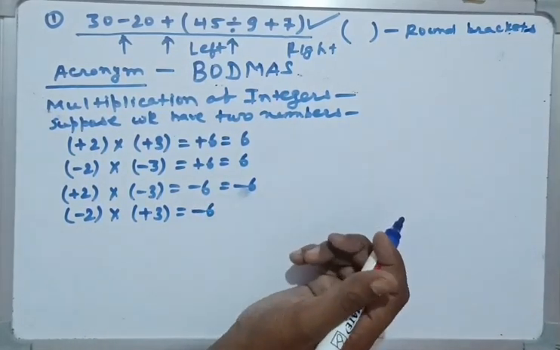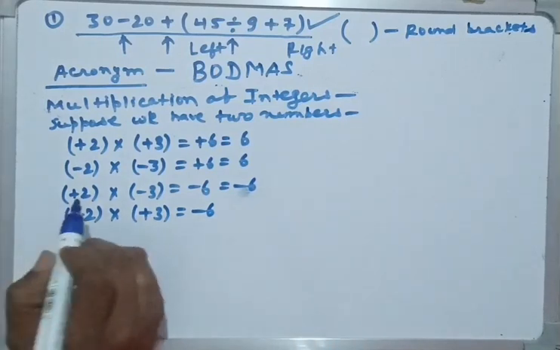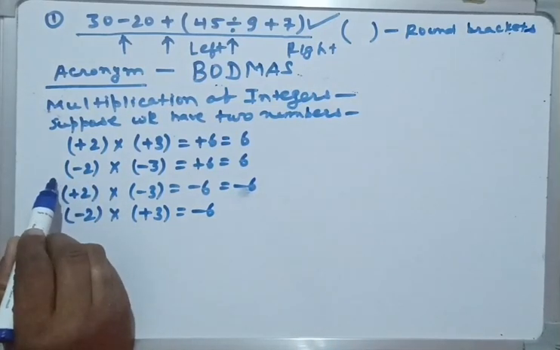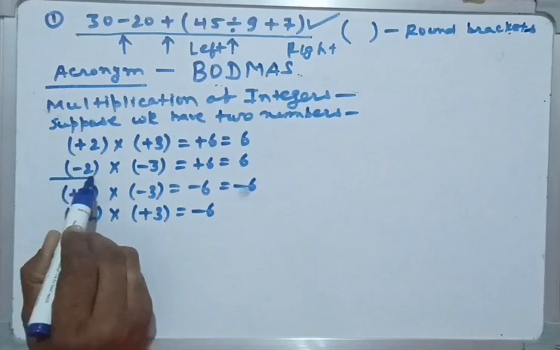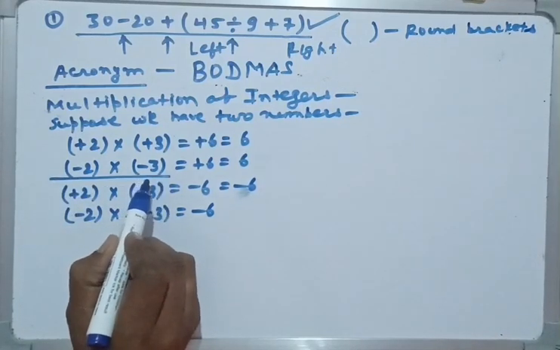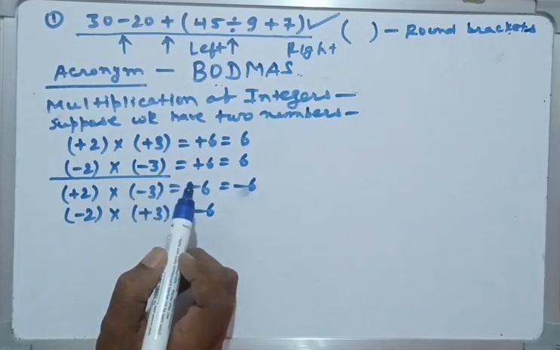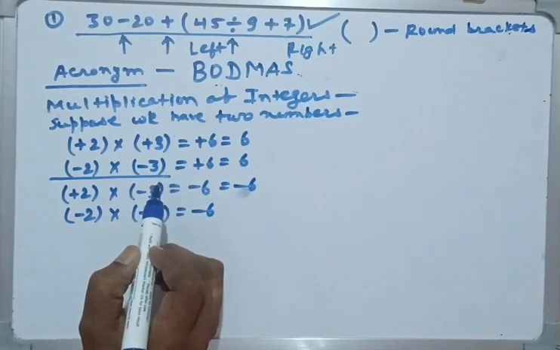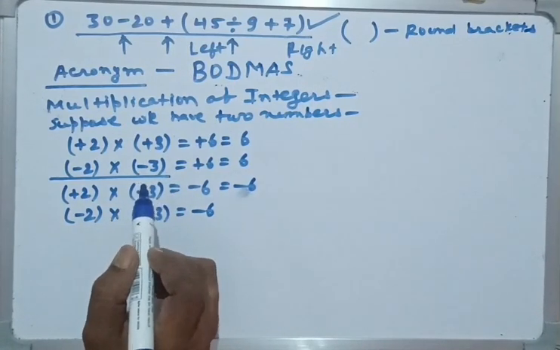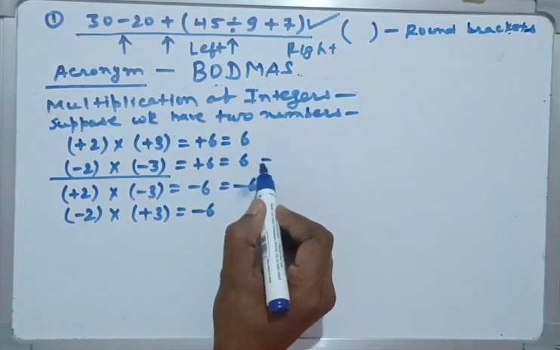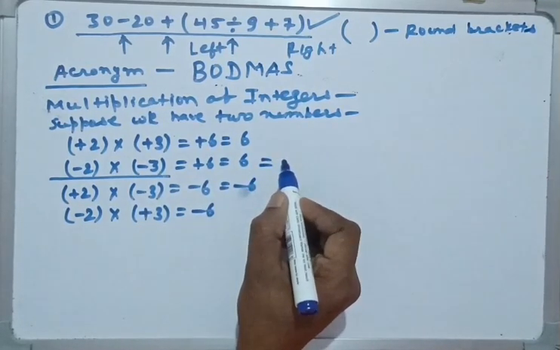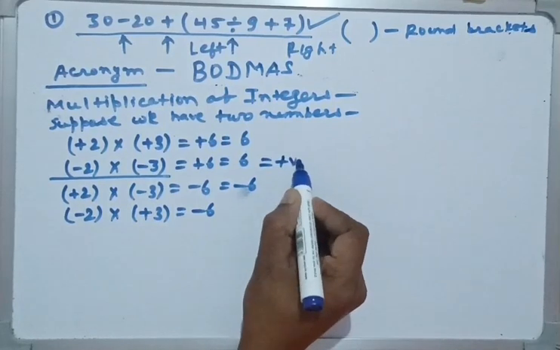Okay, so guys, what we conclude here is that when an even number of negative numbers are present in a product of numbers, then the answer must have a positive sign.